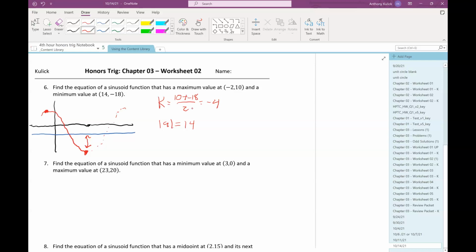Yeah, so you can do it that way as well. The other way to think about it, since we're talking about distance, is to take the absolute value of the difference in the y coordinates divided by 2. So half the distance. Again, that's going to be the same thing, 14.